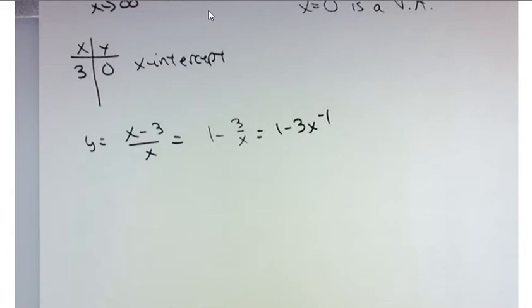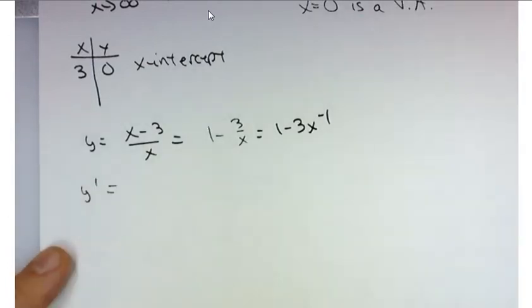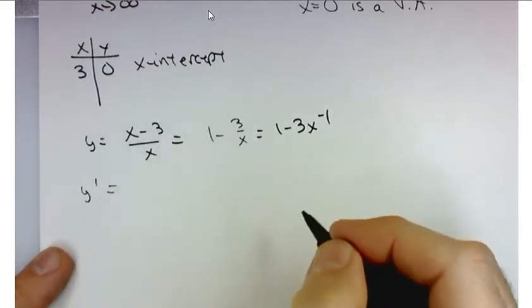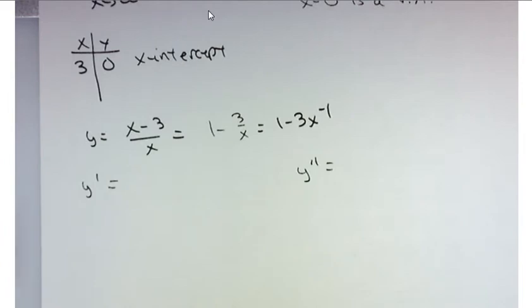Go ahead, try and find first y prime and then y double prime. That might make a little bit more sense. We will at some point go backwards. We'll start out with y prime and then look for y. That'll be the last thing we cover in this course. It is kind of cool.